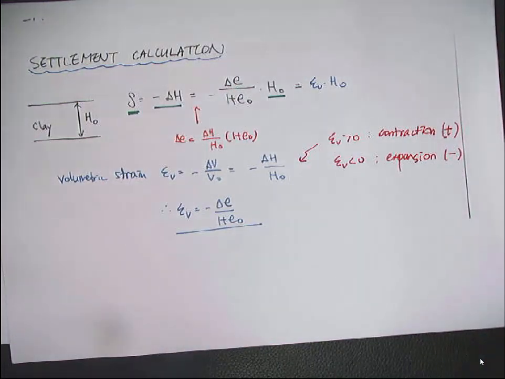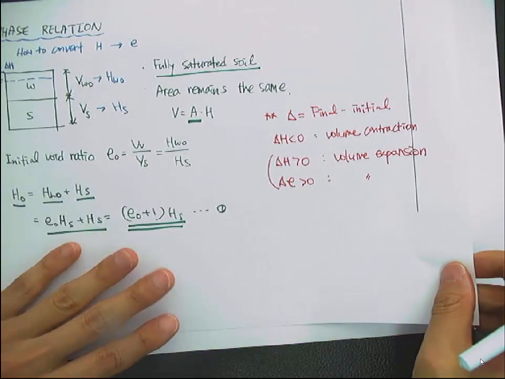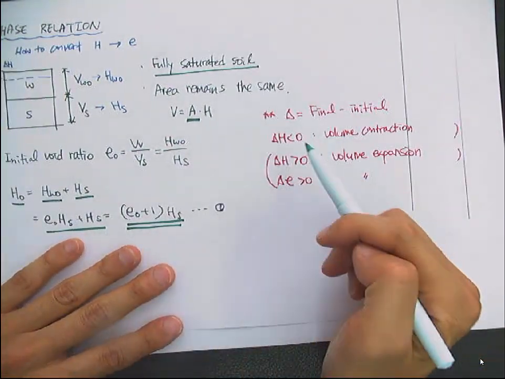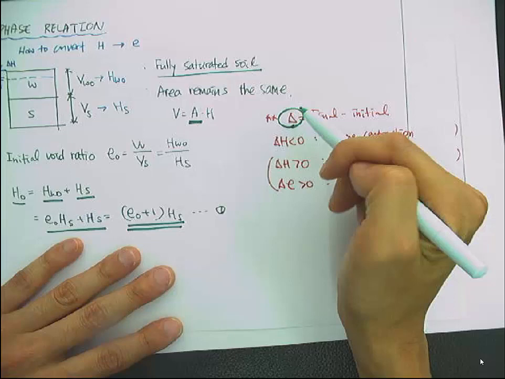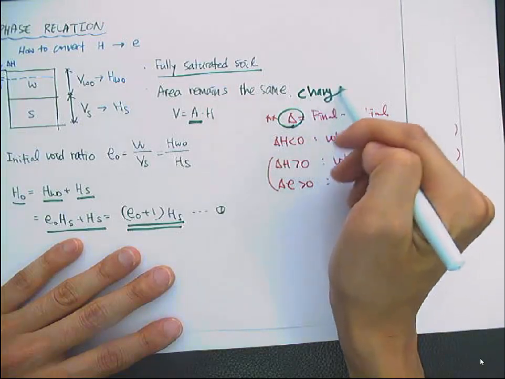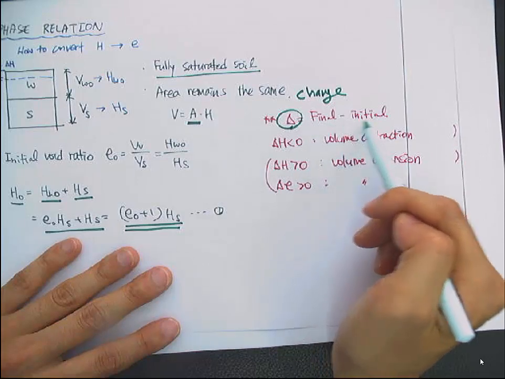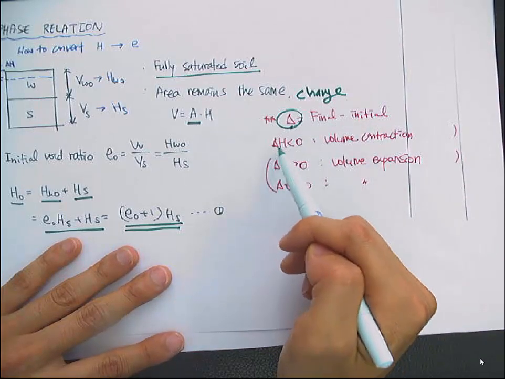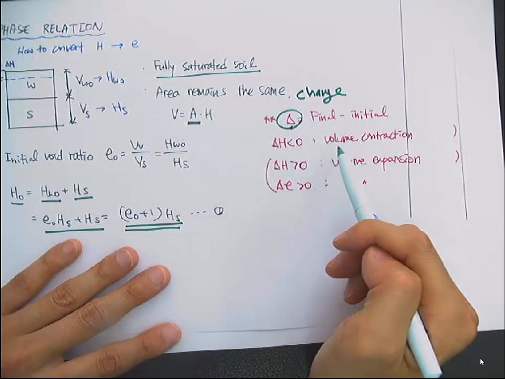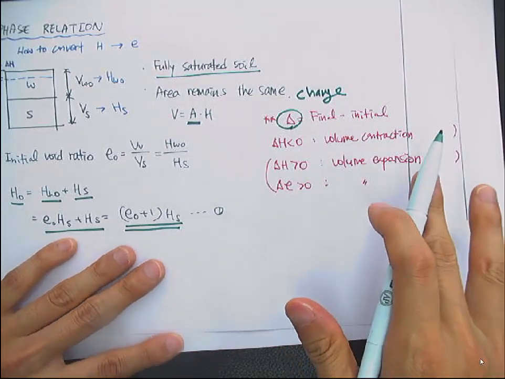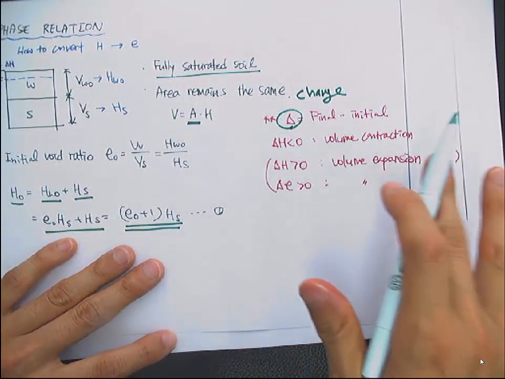Just to clarify the symbol sign convention, delta, which means the change, is defined as the final state minus initial state. So if the delta H is negative, means that the volume contracts, so it settles.